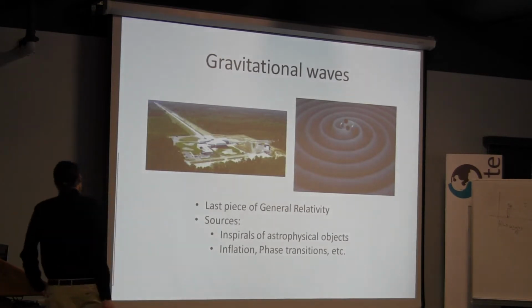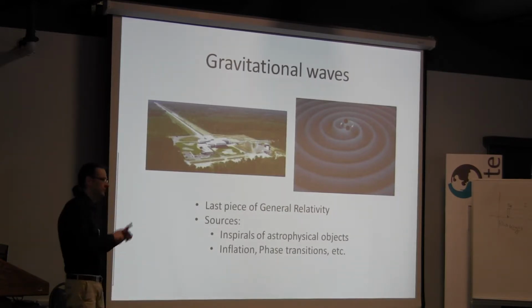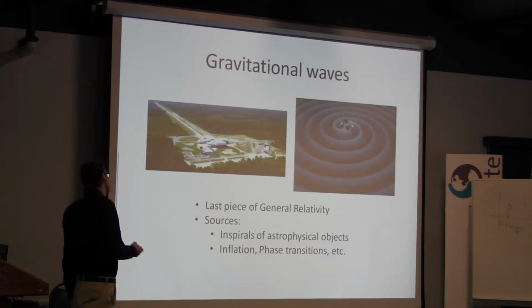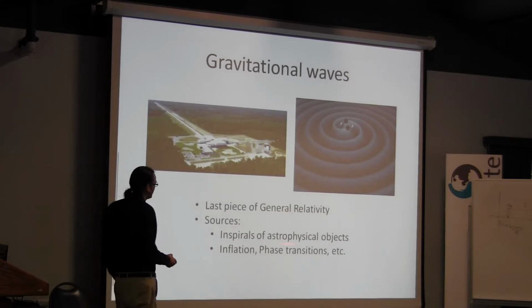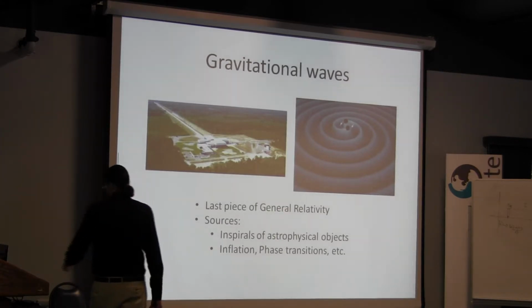And so there are several types of sources for these waves. For example, we have astrophysical objects that are inspiraling. We have other kinds of stochastic background type sources like inflation or cosmological phase transitions or things of that nature.